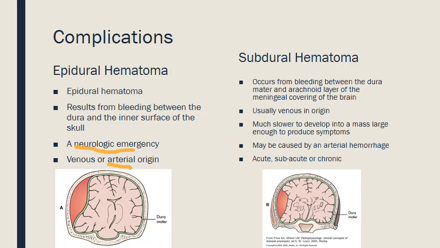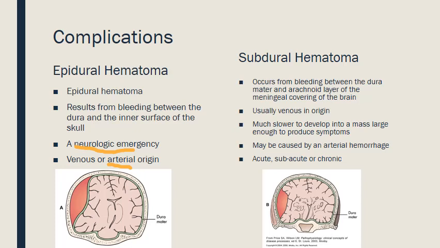What they will do is actually do a burr hole and remove the epidural hematoma. Their symptoms include a sudden loss of consciousness initially. They wake up and are normal and don't have any problems, and then they have another sudden decrease in their level of consciousness. It's easily treated if the hematoma is evacuated right away.